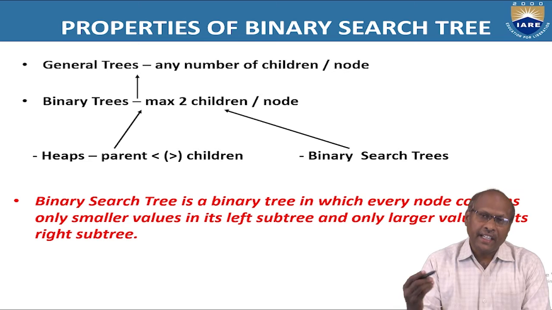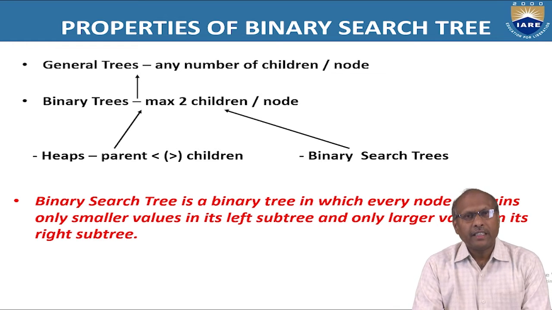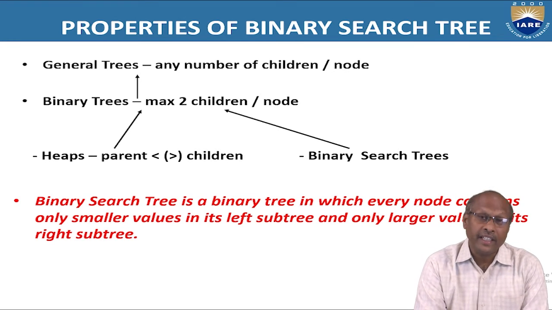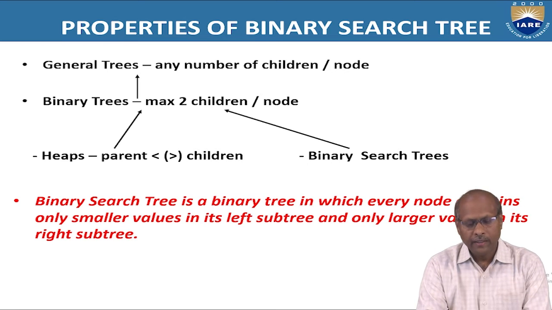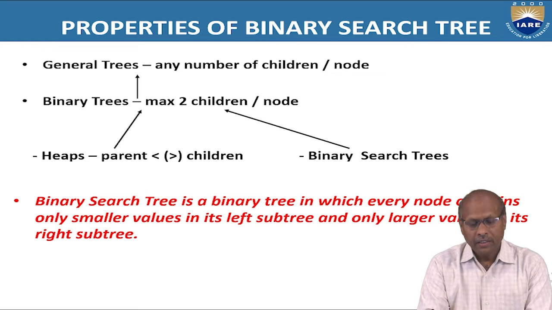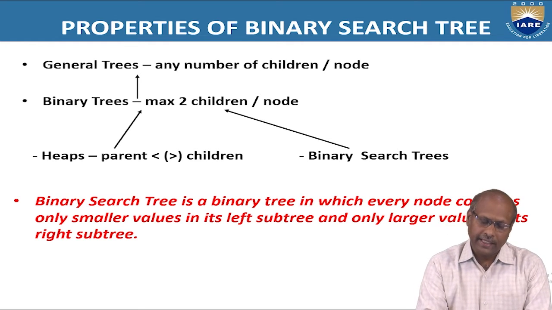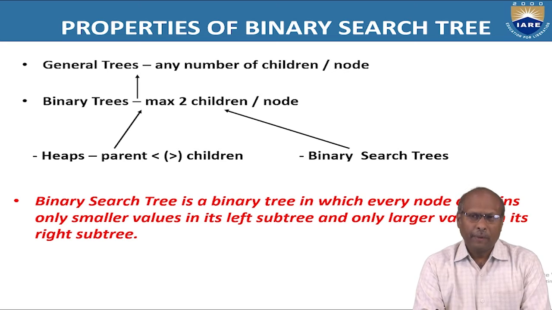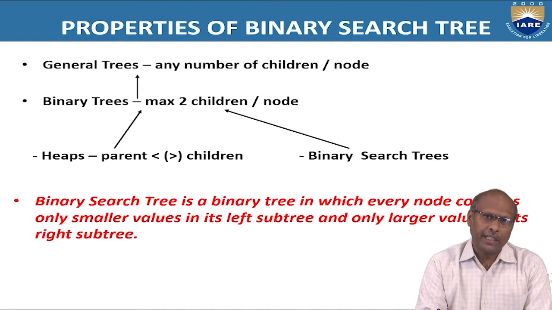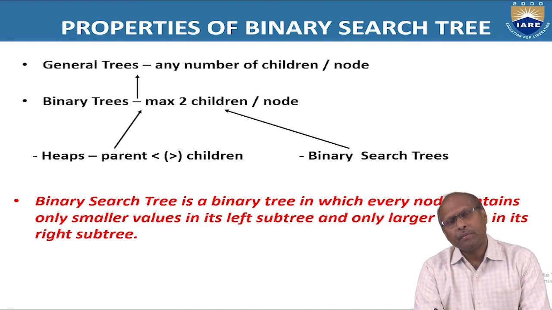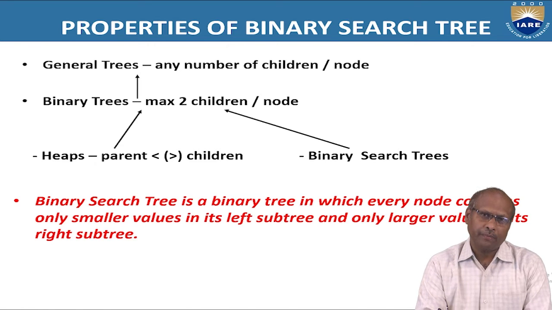And again in the binary tree, if you impose a condition that the left child is always smaller than the parent and the right child is always greater than the parent, then that tree becomes a binary search tree. There is also one more tree called heap. Heap is also a type of binary tree, whereas in the heap the parent is either smaller than both children or greater than both children.